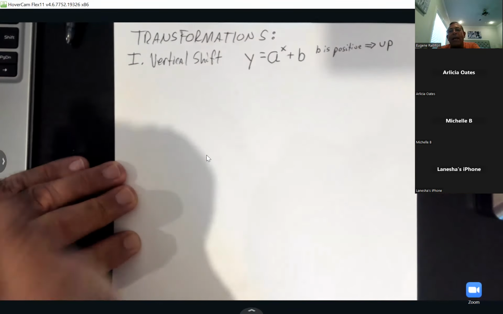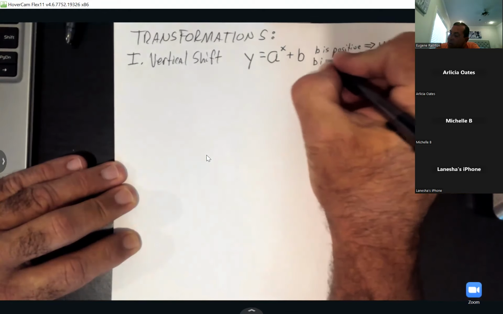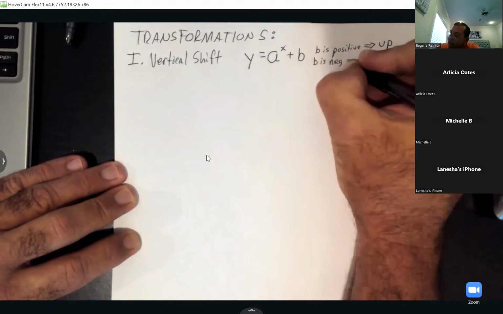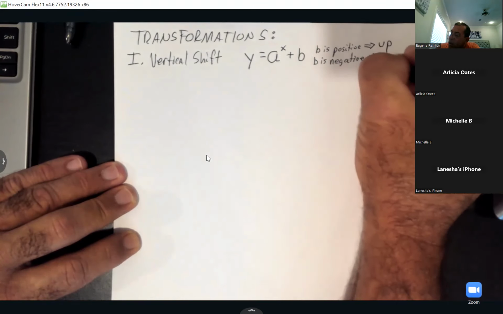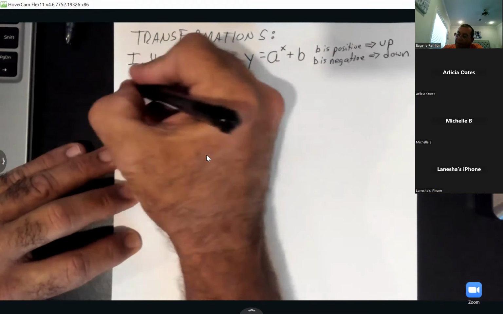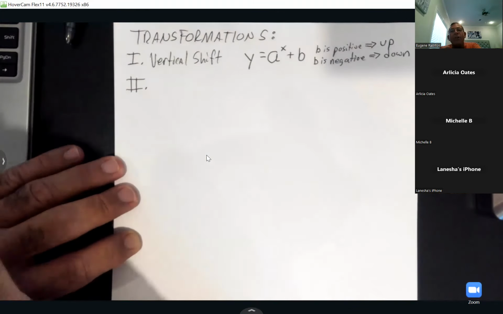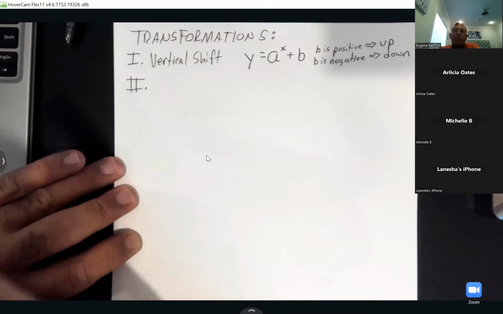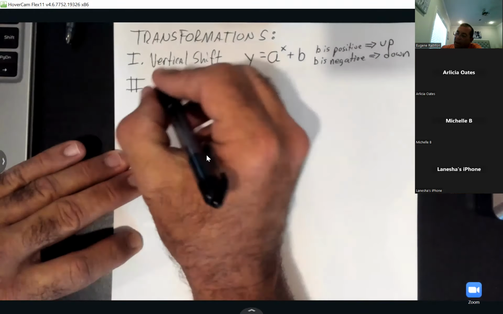If the number we added at the end was positive, it went up. If the b is negative, then that graph is going to go down. So that was our vertical shift, and it pretty much was the same as it was in 7.2.